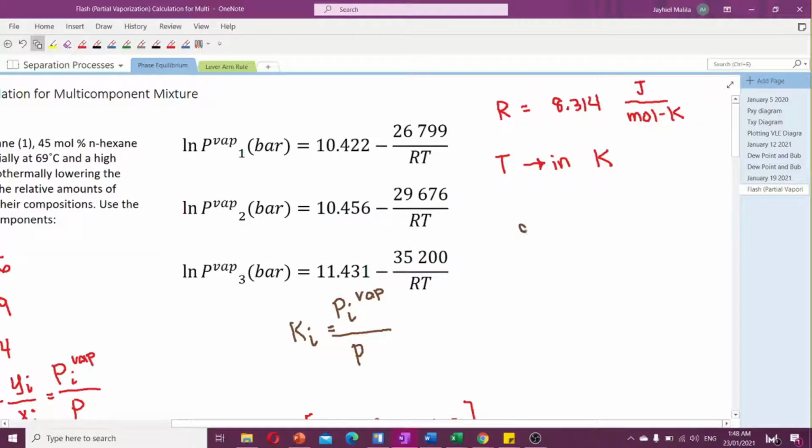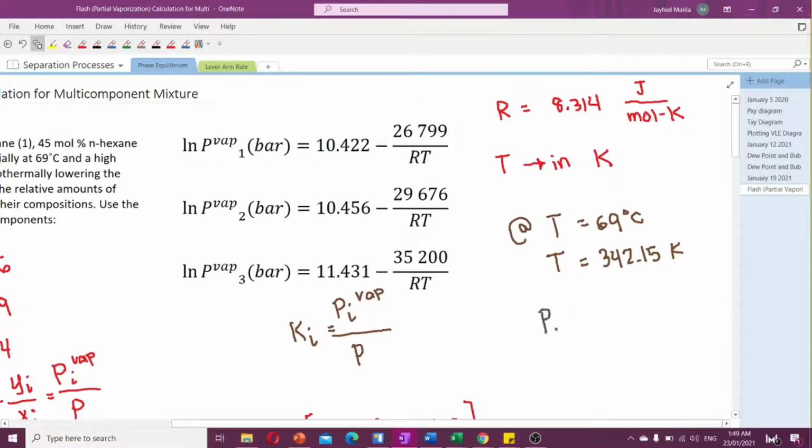So basically, at a temperature of 69 degrees Celsius, 69 plus 273.15, we have 342.15 Kelvin. At this temperature, we can get the corresponding values of the Pvaps.